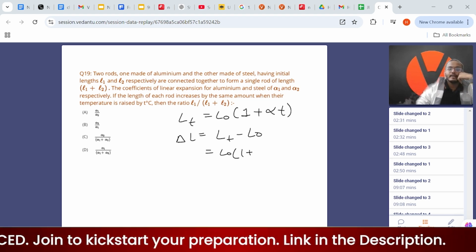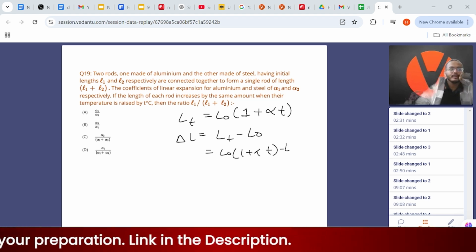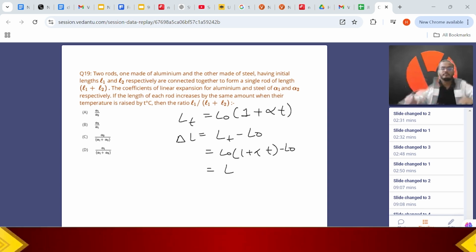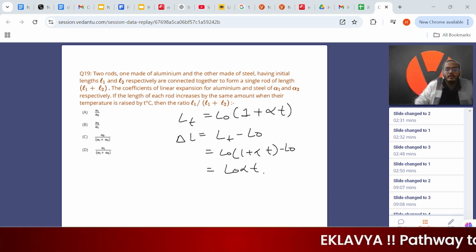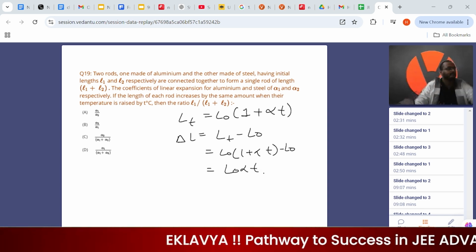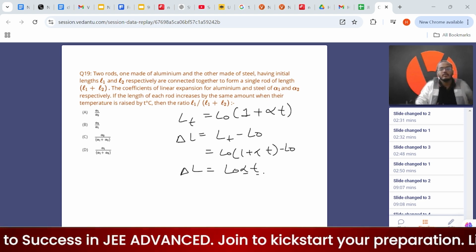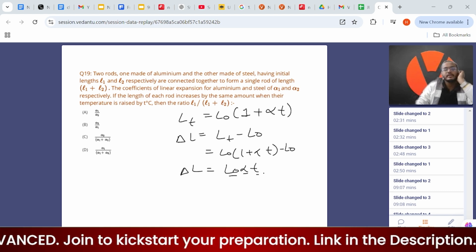Okay. So LT is L naught (1 plus alpha T) minus L naught, so it will be equal to L naught alpha T. Now, this will be the change in the length. See, alpha is constant, and the temperature difference and L naught.